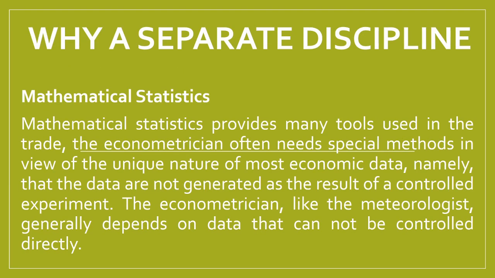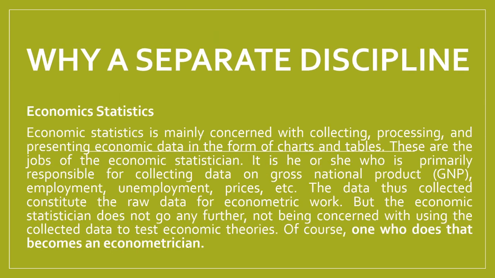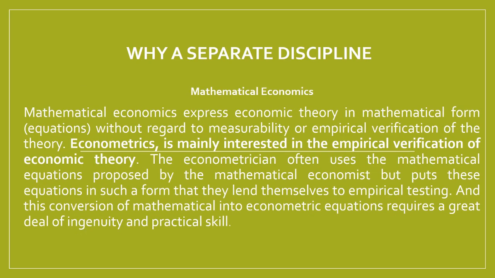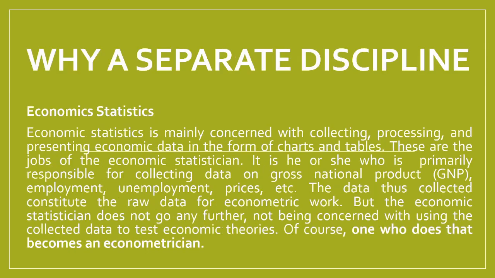So these are the answers to the question of why we need a separate discipline. First, economic theory: econometrics provides an empirical verification. Mathematical economics: it gives an empirical content to the mathematical form and equations.